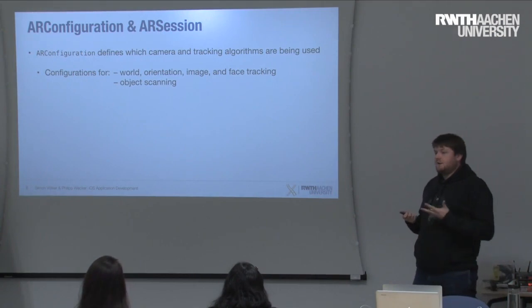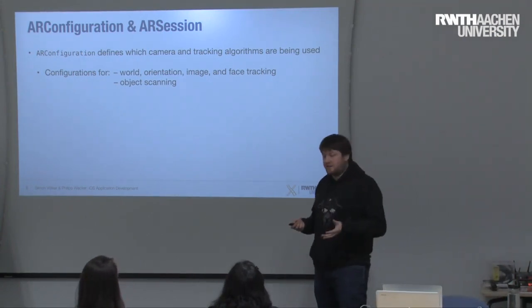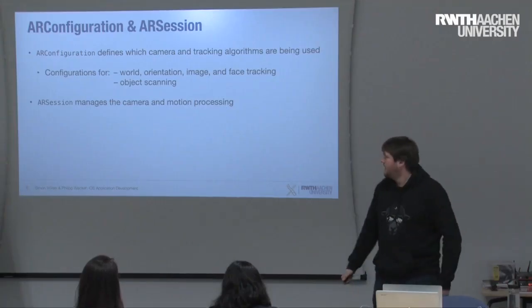This configuration sets up what the system should be looking for, and the session then actually starts and handles the information coming from the different sensors, managing the camera and the motion sensors, making sure they are enabled, and bringing the information together.